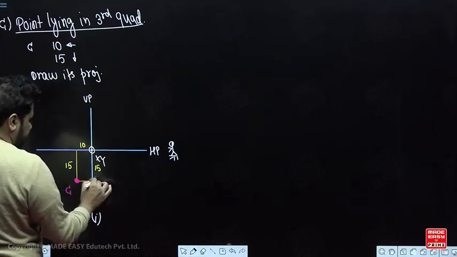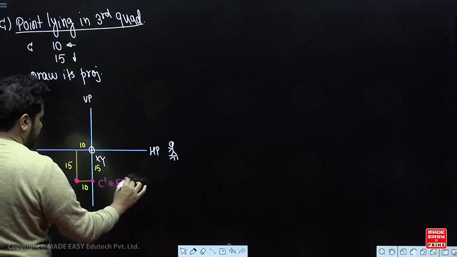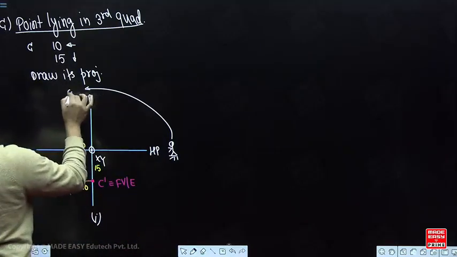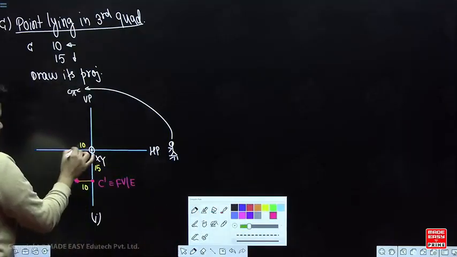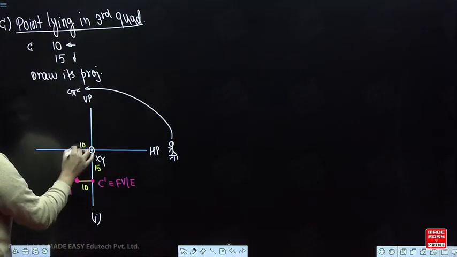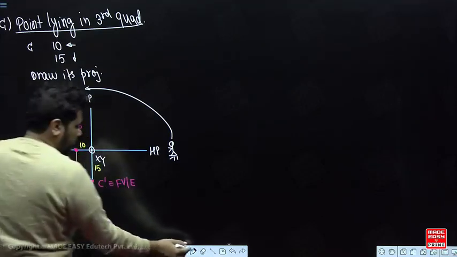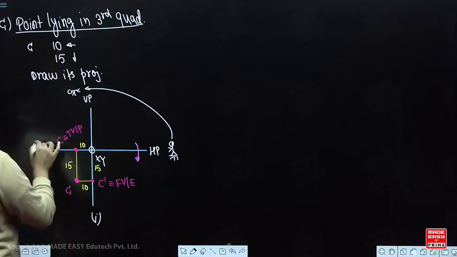So its projection, front view, will be this one. So this is C dash. This is the front view or elevation, right? Now when the observer goes on the top and sees the object, its projection will be seen somewhere here, isn't it? So this is C, which is the top view or plan. Now we know that HP is rotatable. So rotate HP in the clockwise direction.